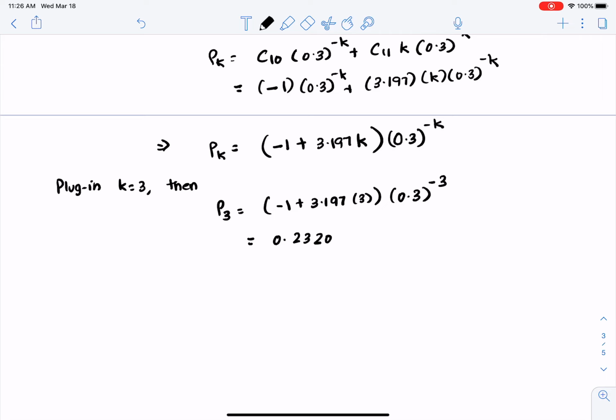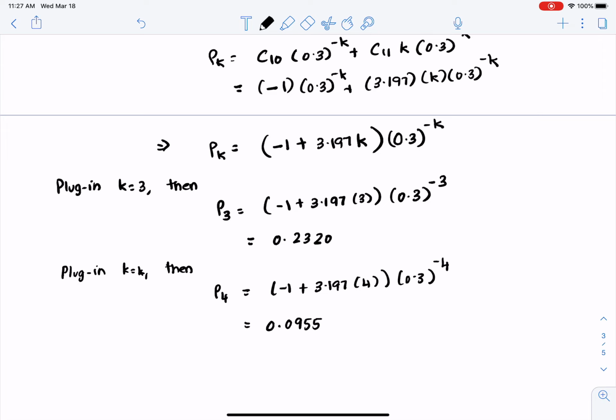Likewise, we can plug in k equals 4, then row 4 would equal negative 1 plus 3.197 times 4 times 0.3 raised negative 4. And that happens to be 0.0955.